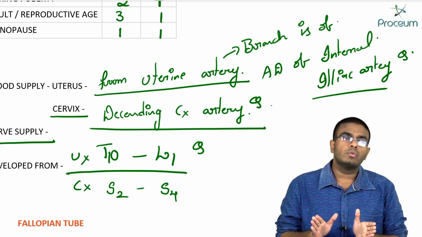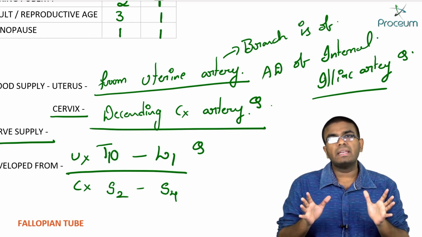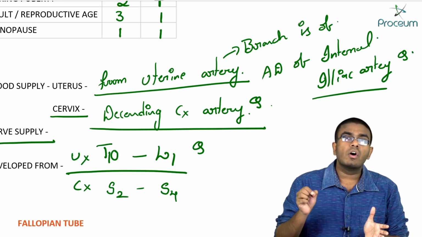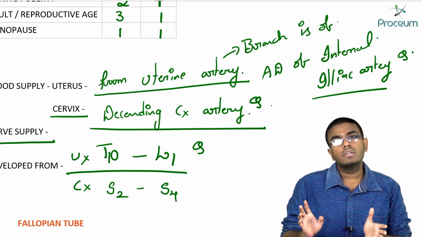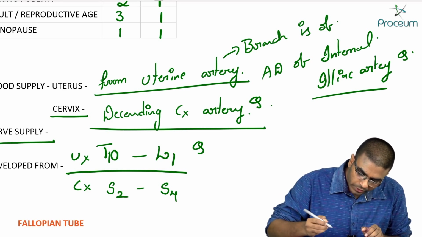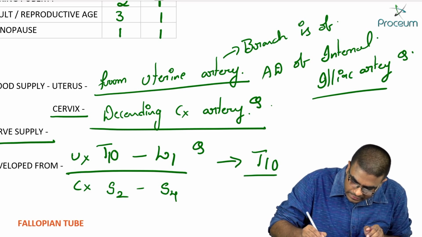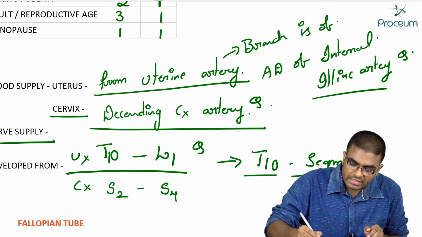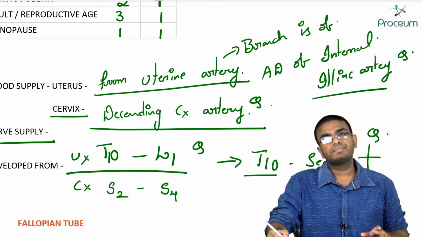If you want a painless delivery, then you need to block the nerve fibers which supply the sensory innervation to the uterus. So for painless delivery, the block should be given from the T10 segment.